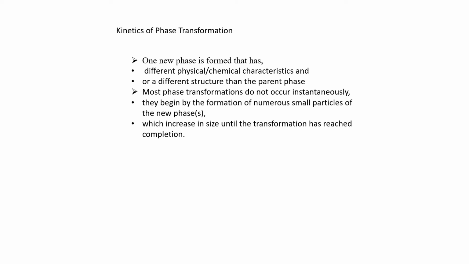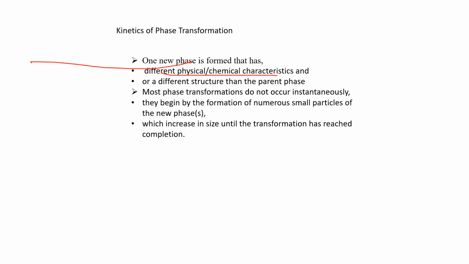Kinetics of phase transformation. With the phase transformation, normally at least one new phase is formed that has different physical or chemical characteristics or different structure than the parent phase.